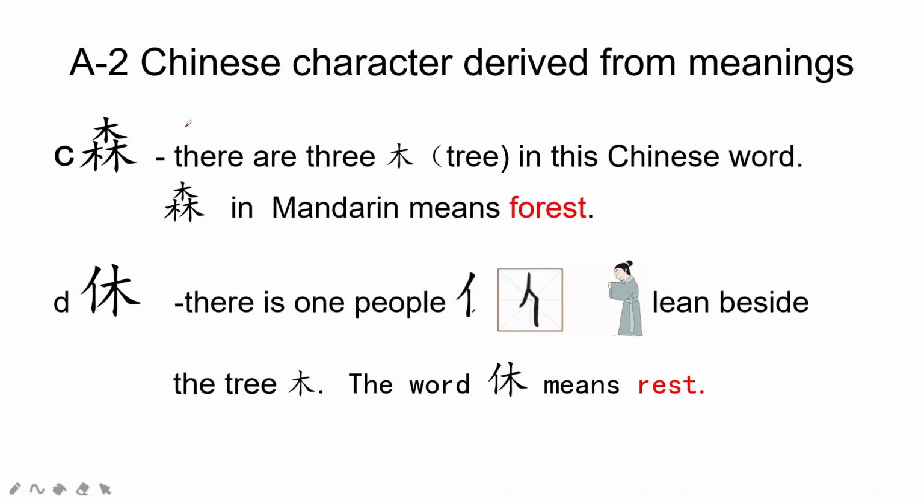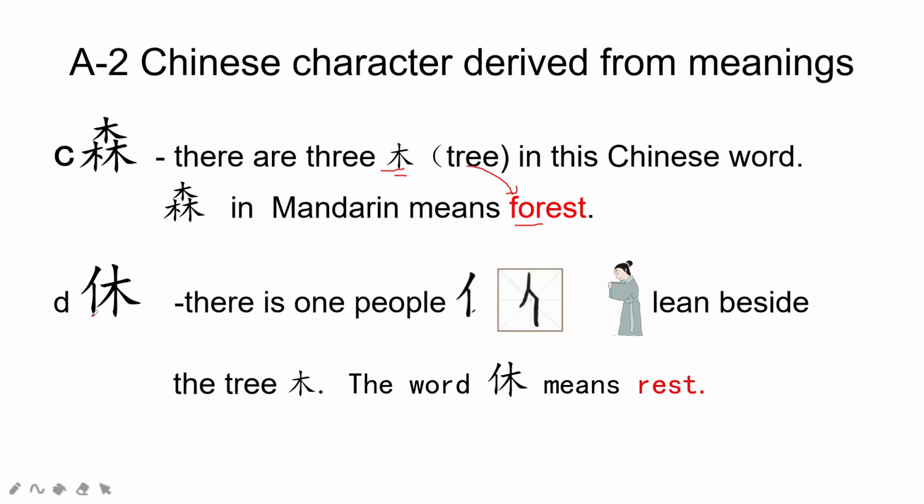So we have some more. This word is pronounced as sen. Sen means forest. So you can see this word has 3 components. All these 3 components are made from the tree. So many trees form the forest. Sen means forest.